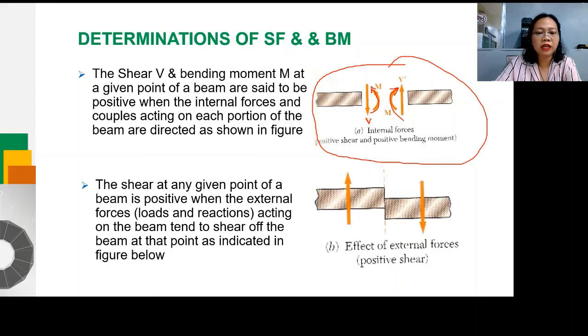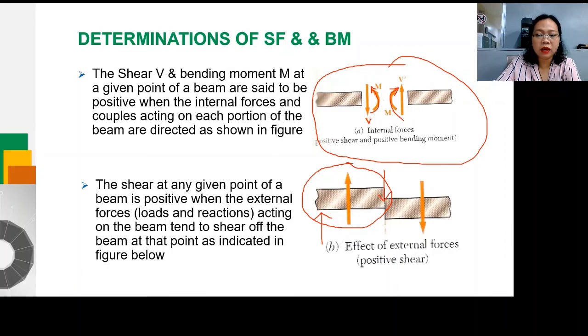The shear at any given point of a beam is positive when the external forces, the load and reaction acting on that beam, tend to shear off the beam at that point, as indicated in the figure here. If you consider this portion, you have a reaction here. However, your shear at this particular point will be going down.